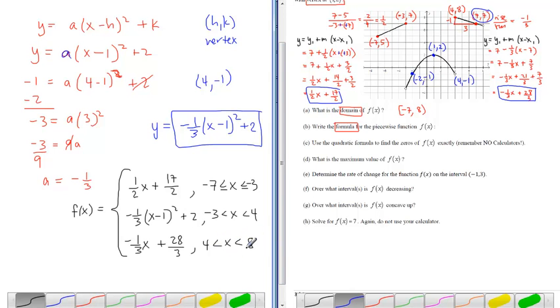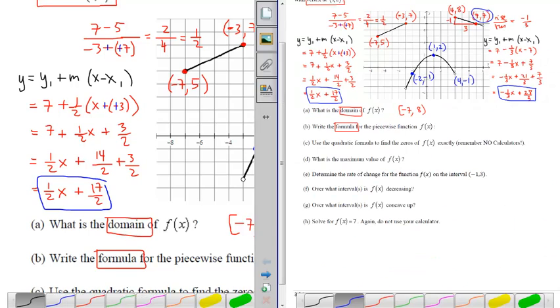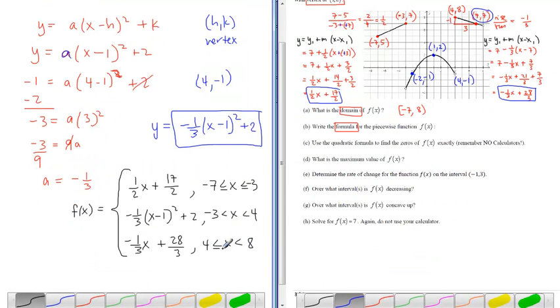Should I underline either one of these? Looking back here, this was filled in. So yes, underline the 4, but don't underline this 8. So that's part B, piecewise function.